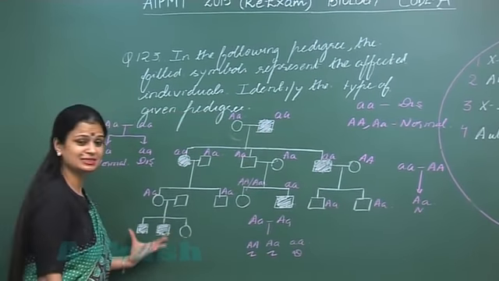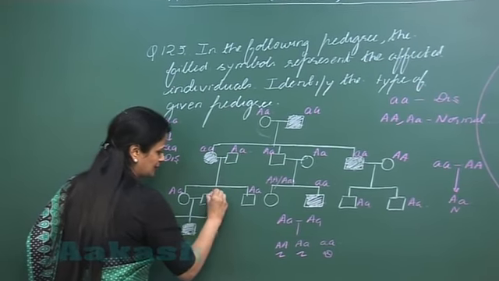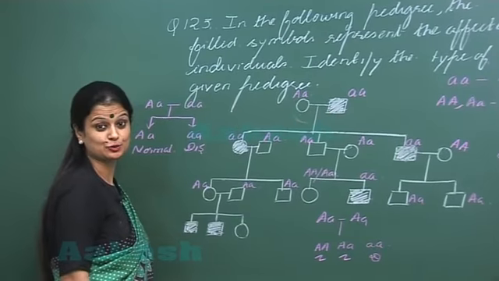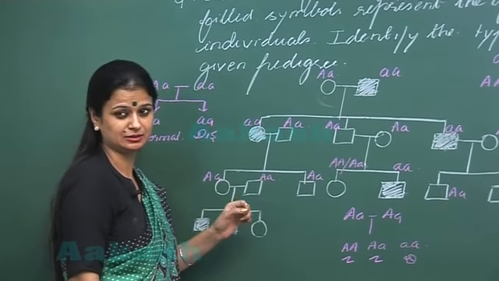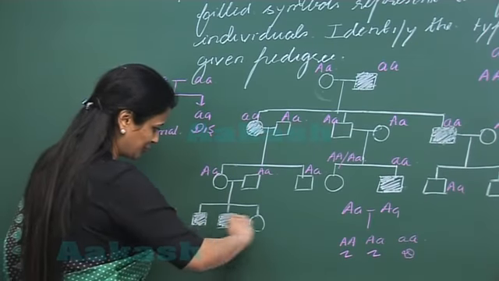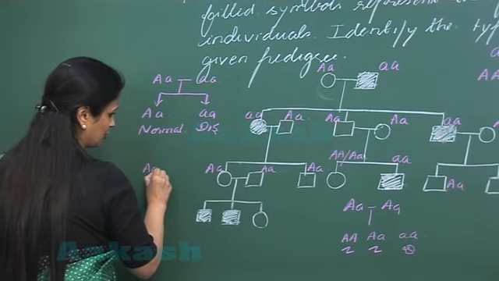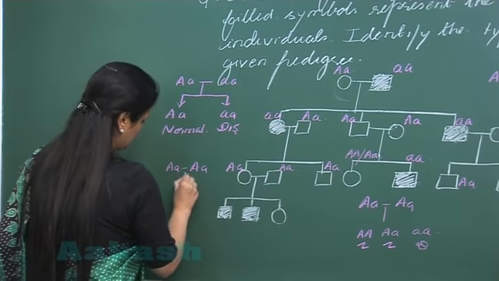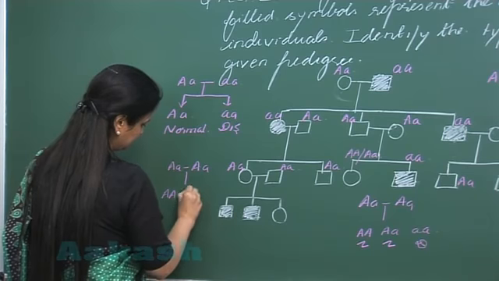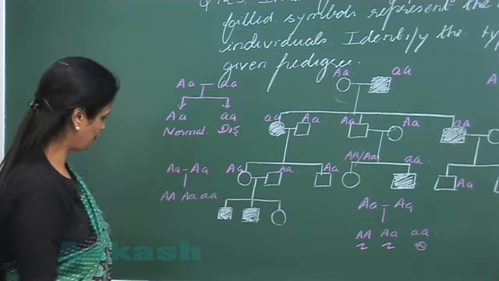If we look into this last option, again this normal individual should be heterozygous, it should carry the defective recessive allele. So this would be the progeny. If we make this cross, again three types of genotype will appear, fine.